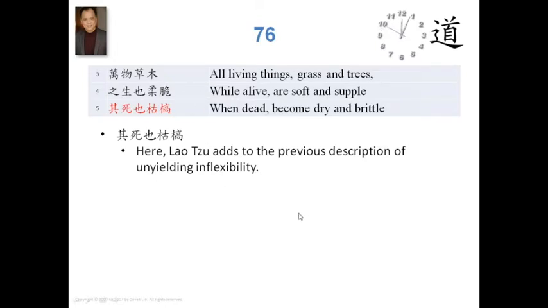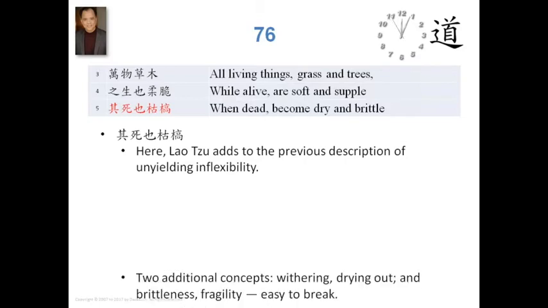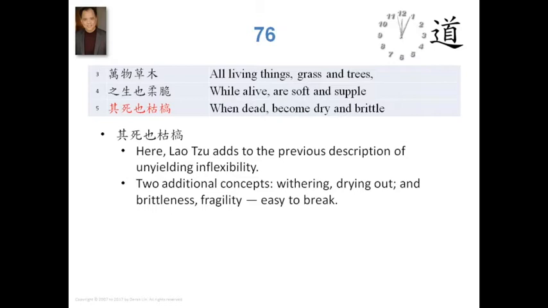What do I mean? Well, death doesn't just bring that unyielding toughness and lack of flexibility. There's more. There's the withering, the drying out. So we notice that this happens with all living things. When they are dead, they eventually become very dry. They wither. All the moisture seeps out.